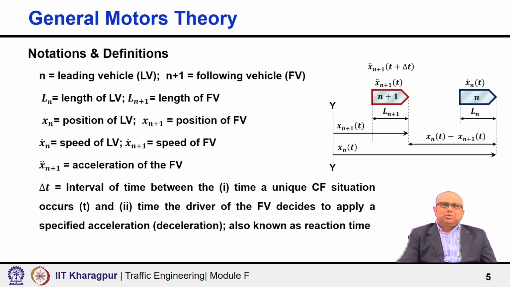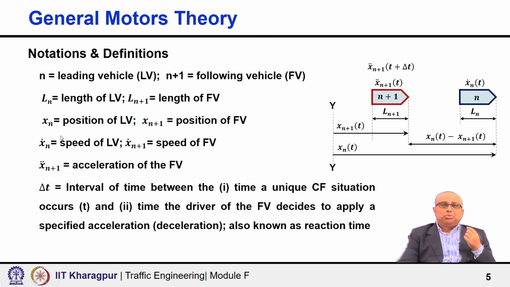Although I mentioned all these notations in Lecture 1, I have reproduced this slide once again to remind you that we are talking about two vehicles. One is the leading vehicle, another is the following vehicle. The leading vehicle is denoted as n and the following vehicle n plus 1. Ln is the length of the lead vehicle, Ln plus 1 the length of the following vehicle.